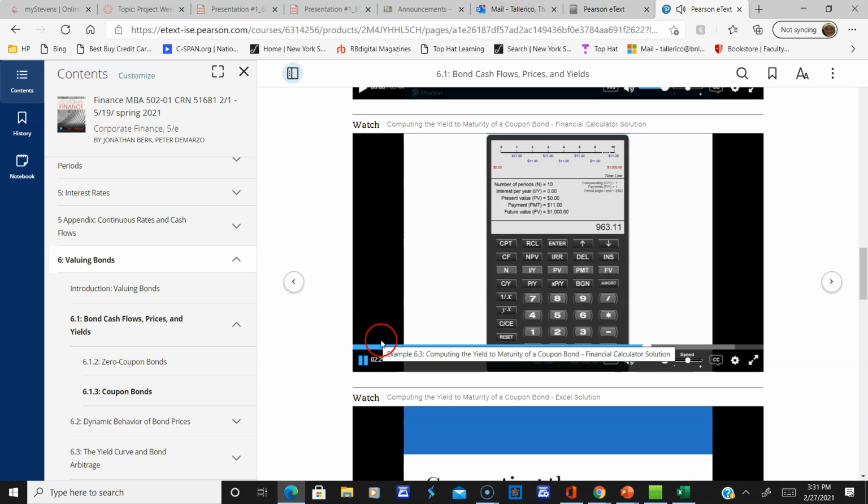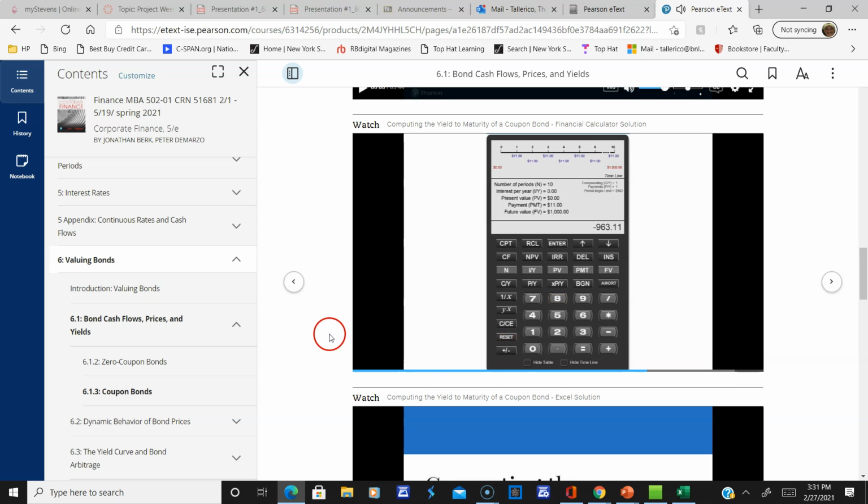So we take that 963.11 and we make it a negative, and then we enter it as the present value. Okay, so now we have all the information that we have, and we're solving for the interest per period. It says interest per year here on the financial calculator, but that's just because its standard is a year. We're doing periods of 6-month intervals. So we're going to hit compute interest per year, and it comes out as 1.5.